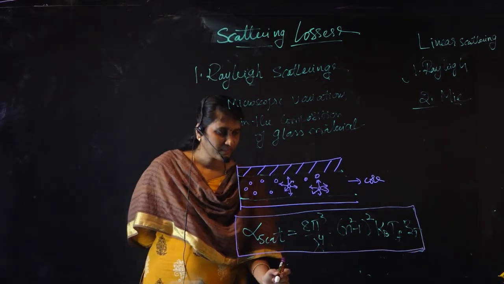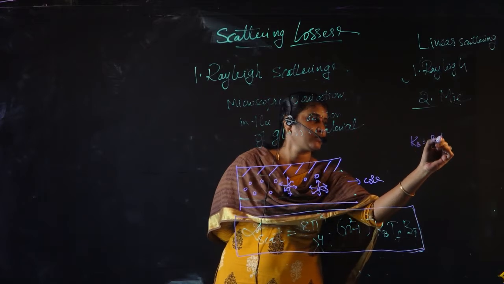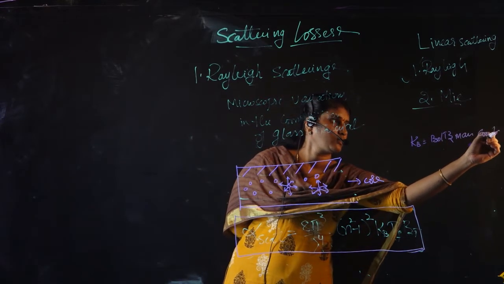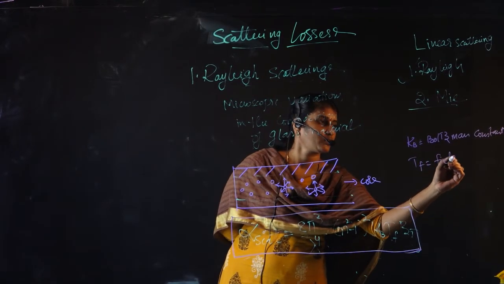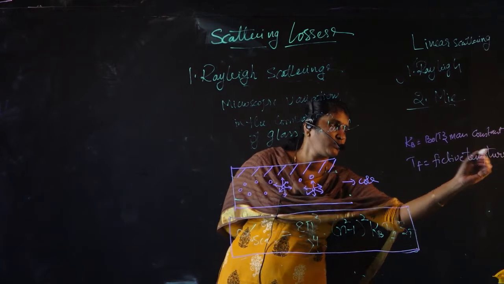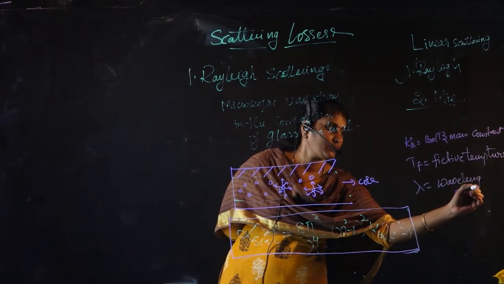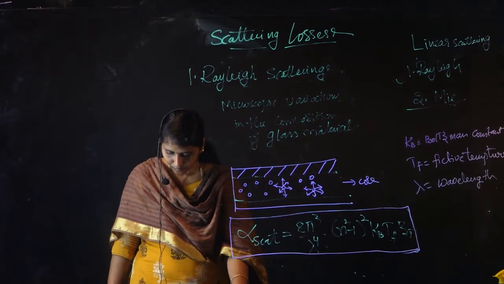k_B is the Boltzmann constant, T_f is the fictive temperature, λ is the wavelength, right?